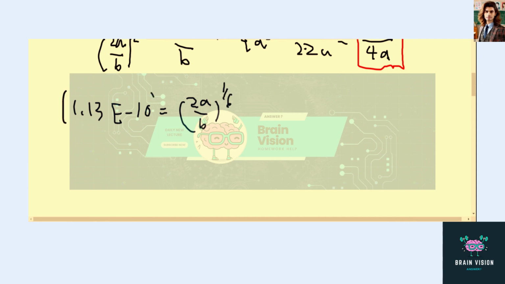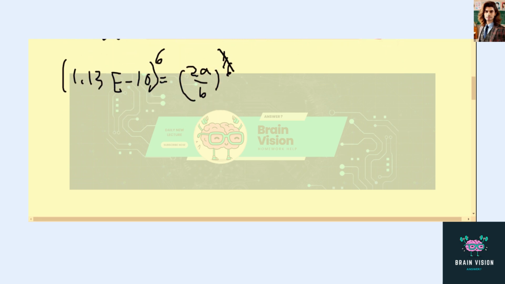So putting both sides to the 6th power, we'll cancel this out. And now we will have to solve for a. So we multiply b to both sides to cancel out the b, and then we divide by 2 to cancel out the 2's.